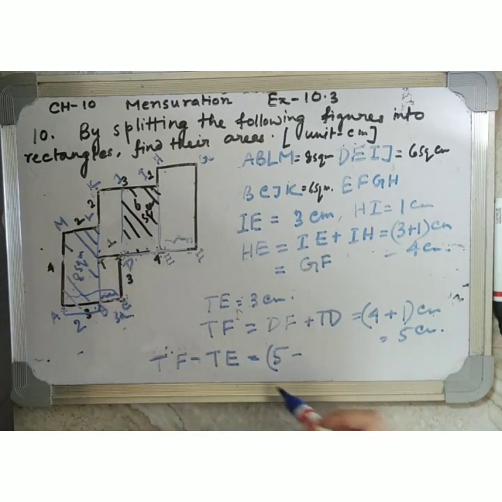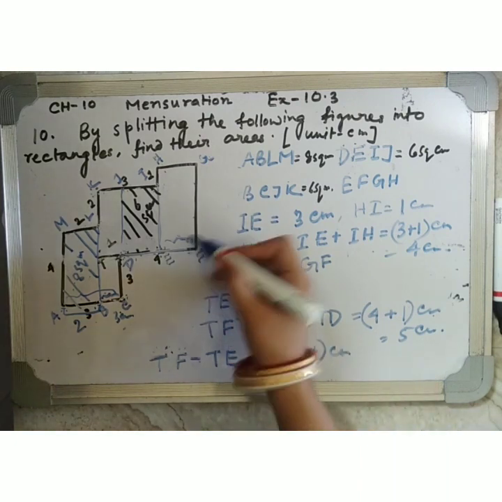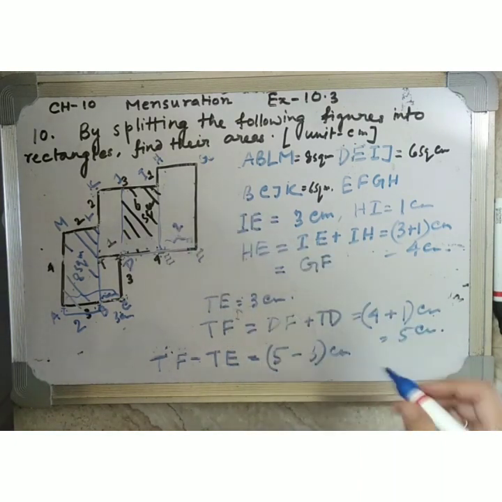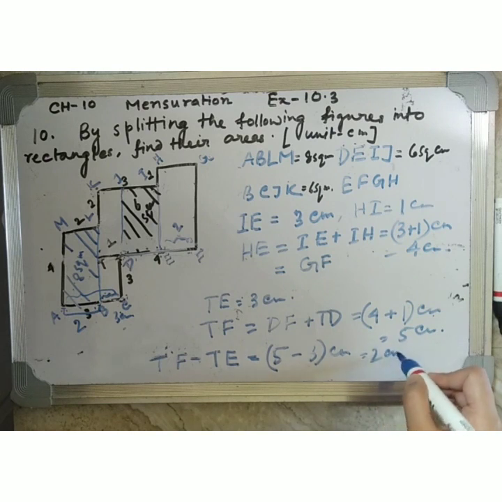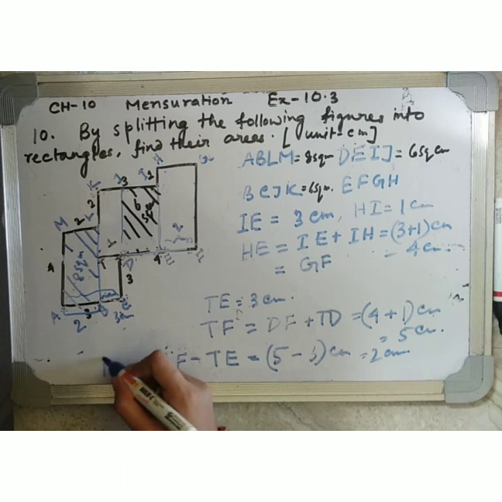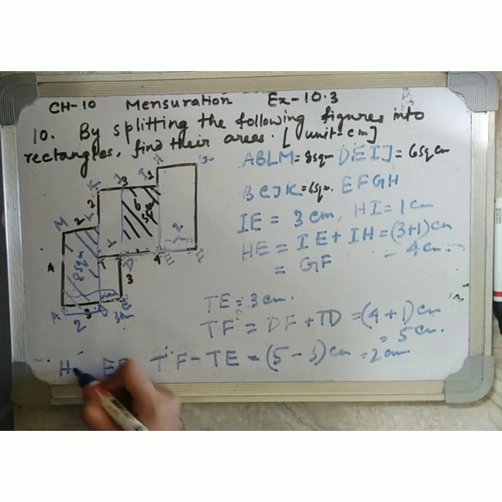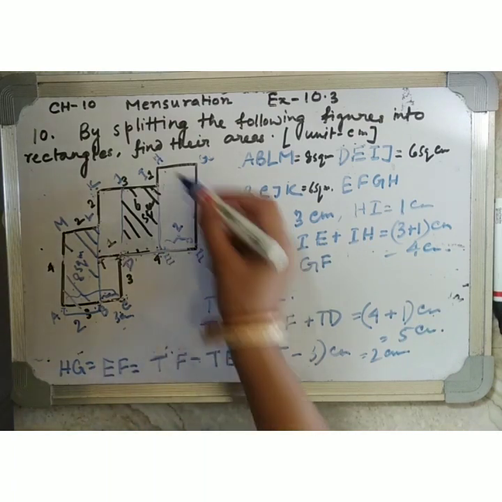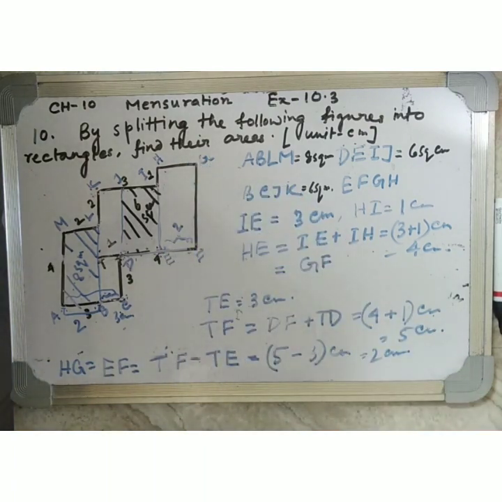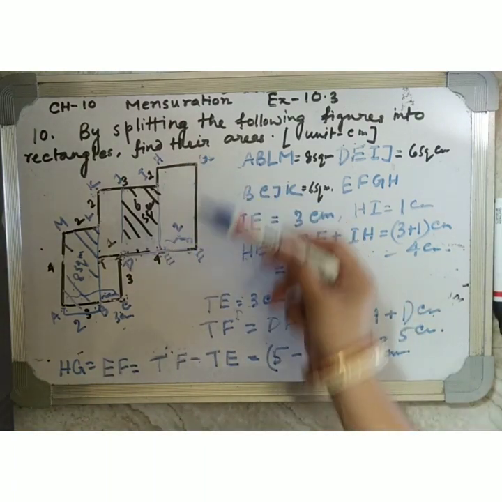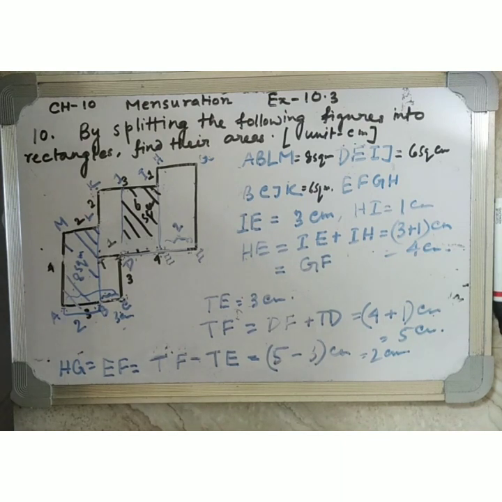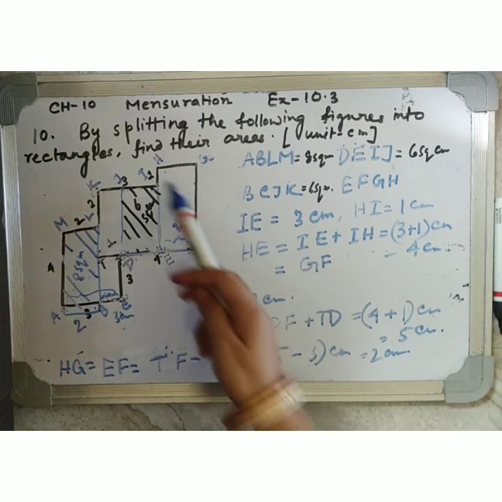TE was of length 3 centimeter. So EF will be of length 2 centimeter. We need to know the length of EF, which is equal to HG. Now we have come to know the length of GF, means HE, and the length of EF means GH.